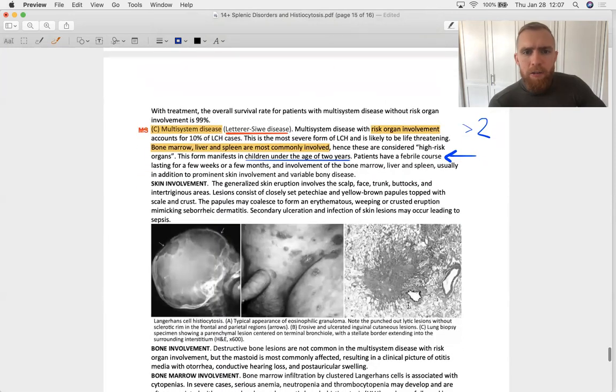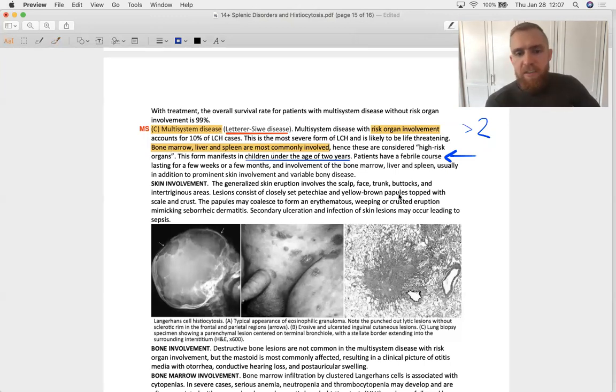Let's talk about Letterer-Siwe disease. It's multi-system LCH. So it's multi-system because not only do you have the bones and the skin rash as you would in any LCH, you also have high-risk organ involvement, examples of which include the bone marrow, liver, and spleen.